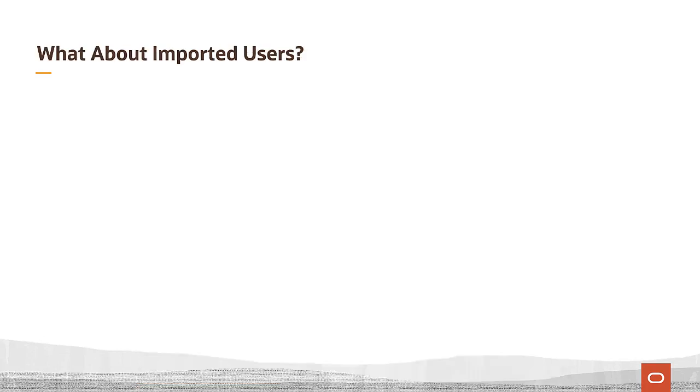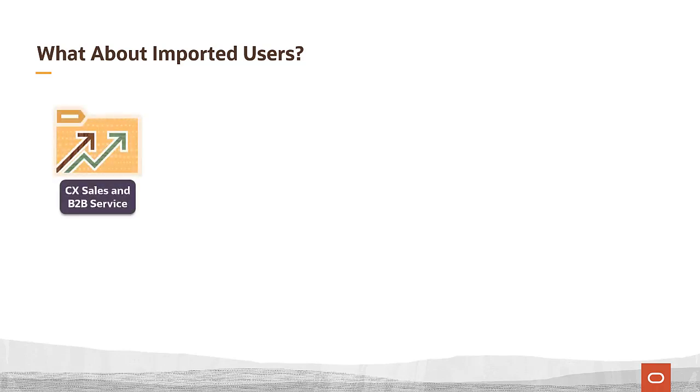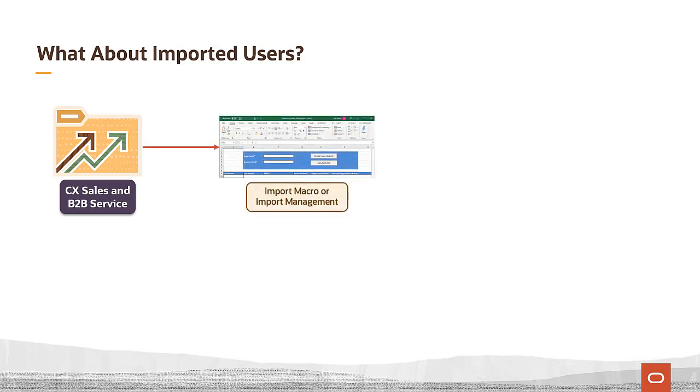Now that we understand how to manage individual agents and users, what about importing agents and users? You're likely to only create 2 or 3 users and 1 or 2 agents, and then you'll want to import the rest. If you're using CX Sales and BTP Service to manage your users, you have 2 tools, Import Macros or Import Management, to import your users.